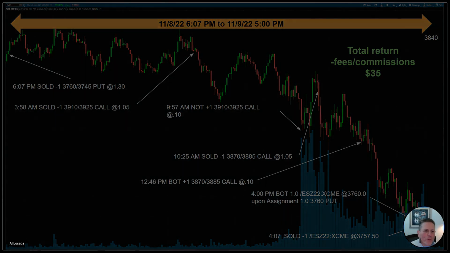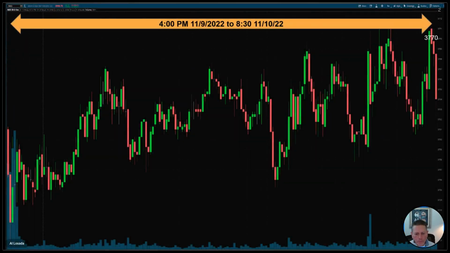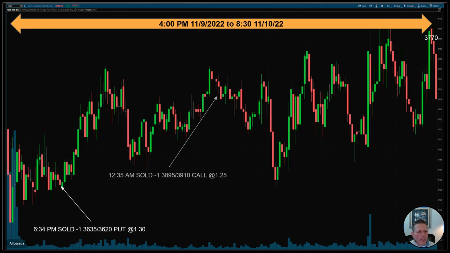All right, let's go through another trade. We sold a put for 130 and a call for 125. Basically, I waited for the put to move and put on the call later on. The call went from 125 down to 110, and I think we closed that position.